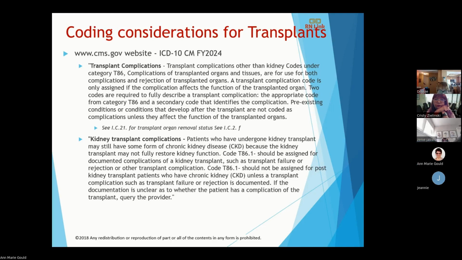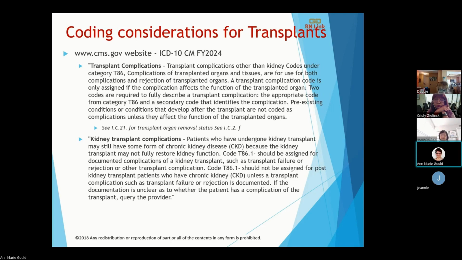Kidney transplant complications. Patients who have undergone kidney transplant may still have some form of CKD, like we were discussing earlier, because the kidney transplant may not fully restore kidney function. So code T86.1 should be assigned for documenting complications of a kidney transplant, such as transplant failure or rejection or other transplant complication, like AKI.